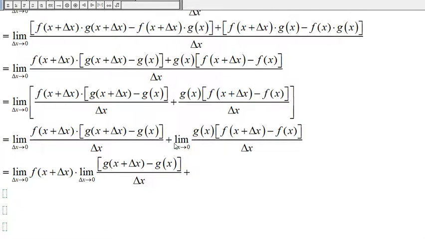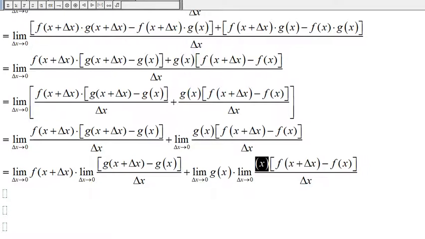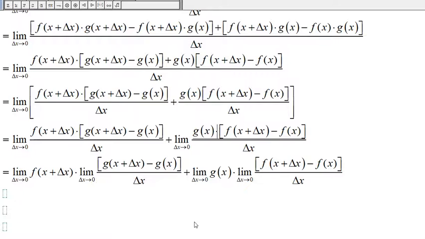And then plus, and then times the limit of this without the g of x. So this is a product right here. And now if we let delta x approach 0, then we get f of x plus 0, which is just f of x.